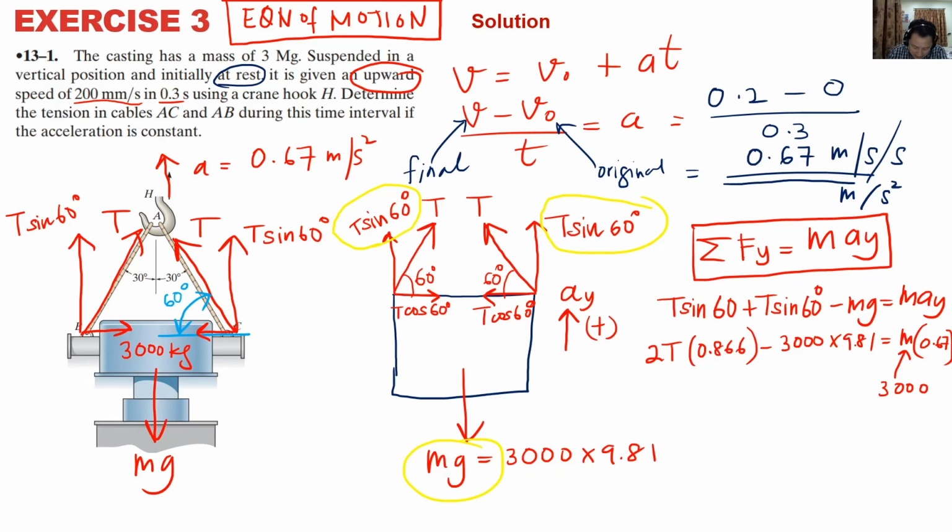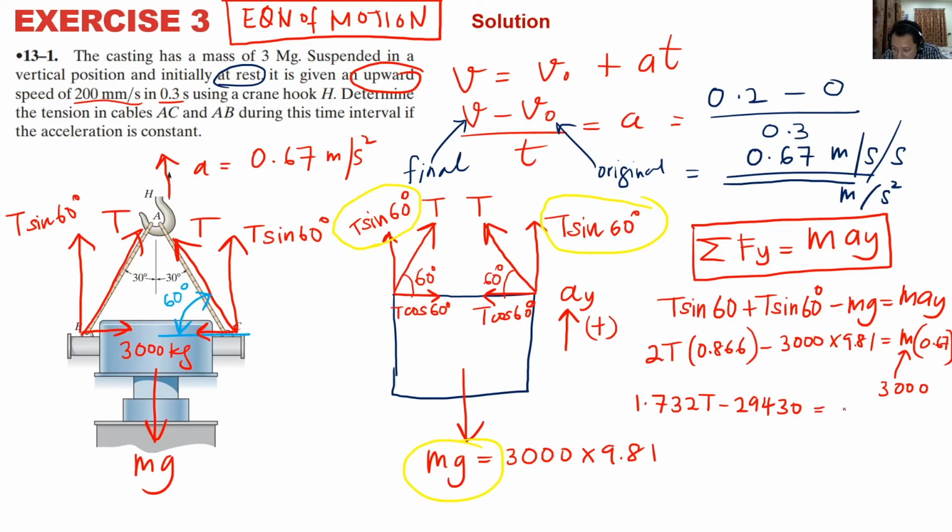So 2T times 0.866, this one becomes 1.732T, minus 3000 times 9.81, that's 29430.